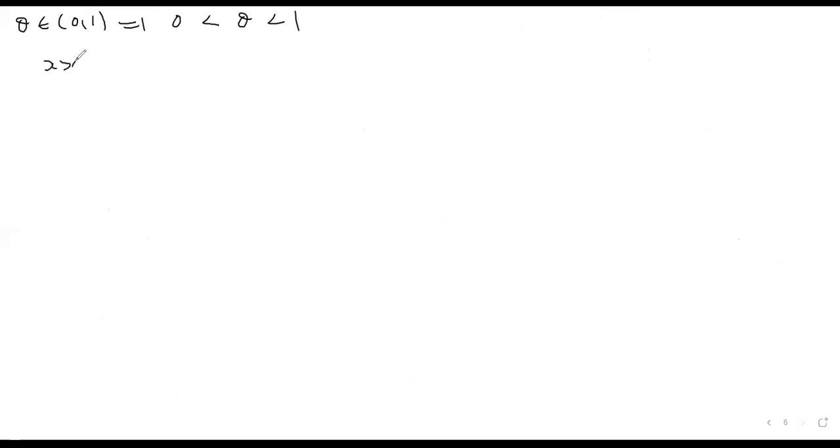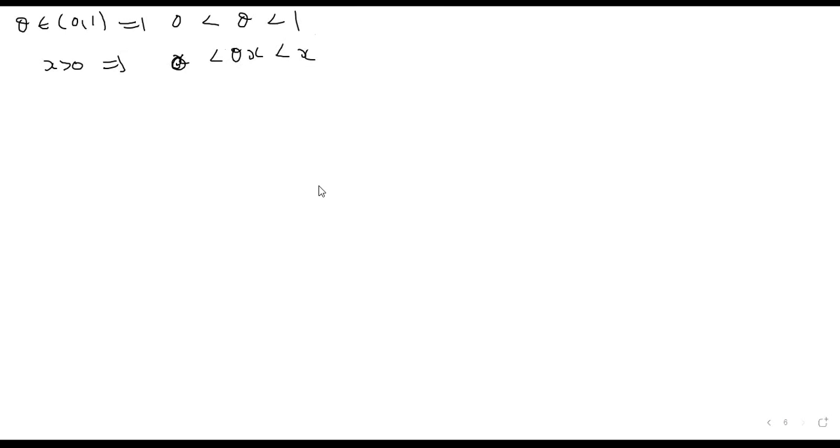If x is positive, you can multiply with x, then the symbol will not be changed. Therefore, 0 into x is 0, and theta into x is theta x, which is less than x. Here x is positive, that's why we can multiply each term by x. The symbol will not be changed.